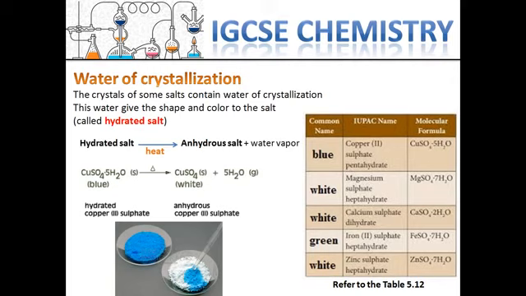After they lose their water, the crystallization changes, actually they change to powder. When they have the water they have a crystal structure, but when they lose the water the shape becomes a powder. It's not crystal, it's a powder, and also loses the color.